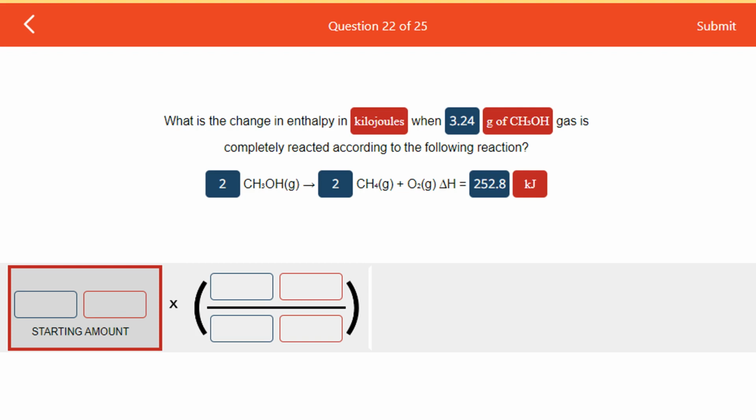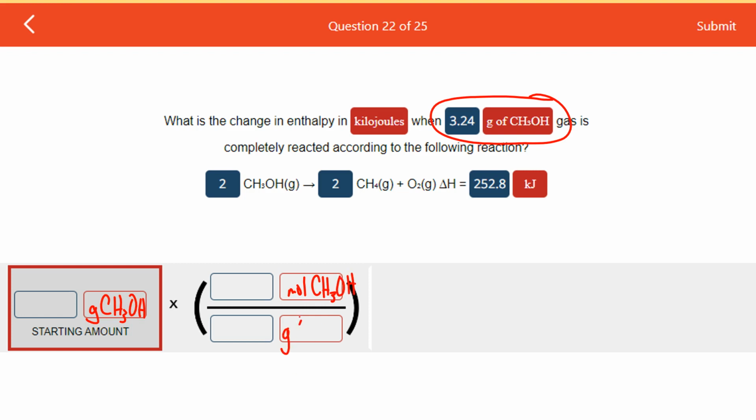Now, looking at this one, comparing this one to the 3 previous questions, what's different about our given from the 3 previous? Saying grams. So that means our first step is to get from grams of CH3OH to mole of CH3OH.